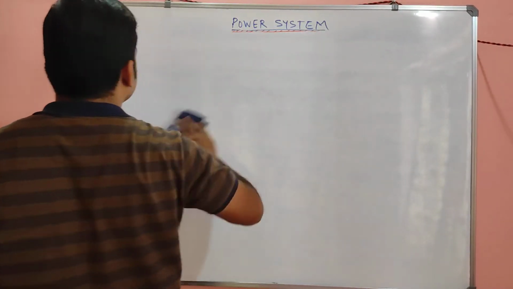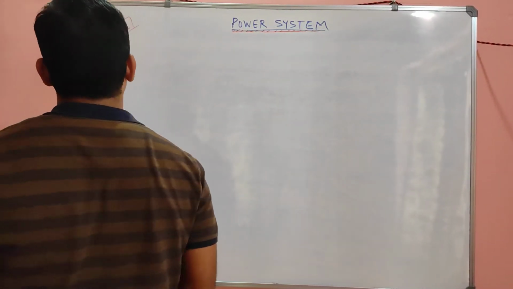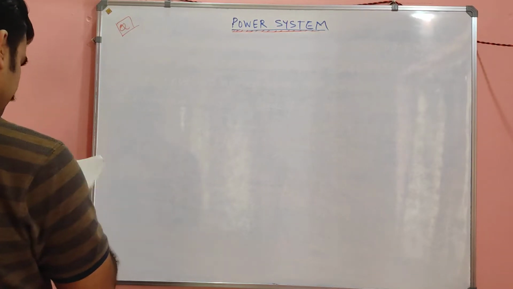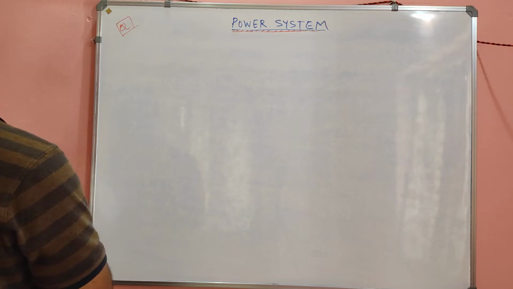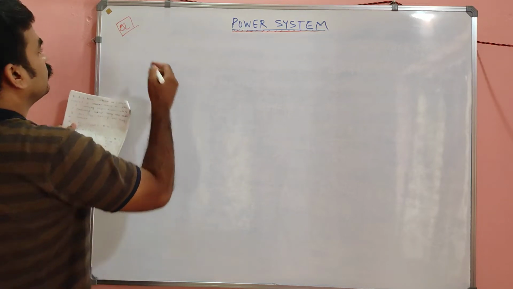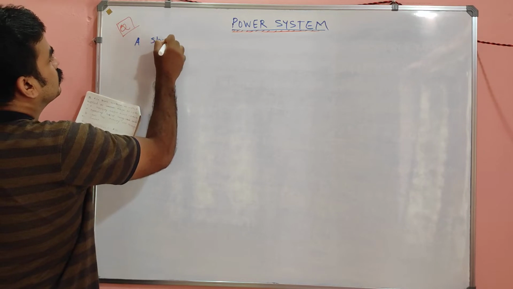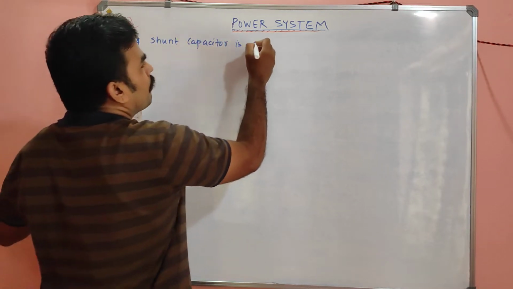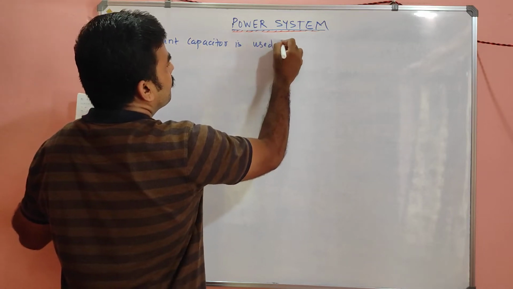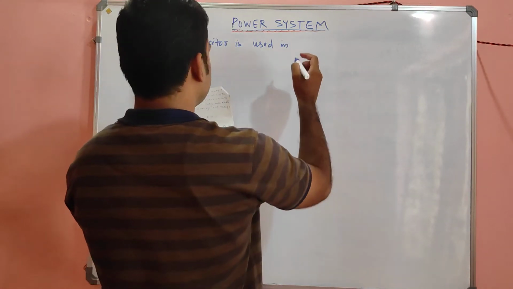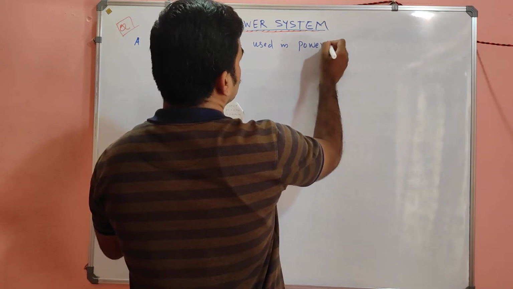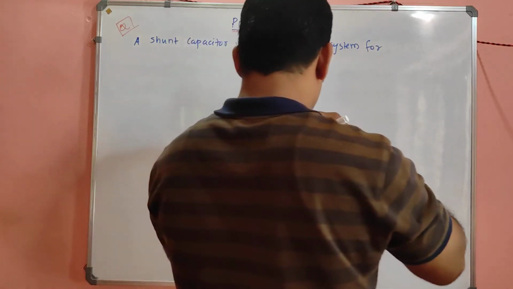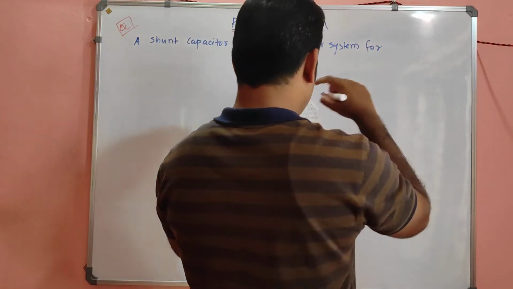Okay, write down the next question, my dears. A shunt capacitor is used in a power system for VAR compensation.